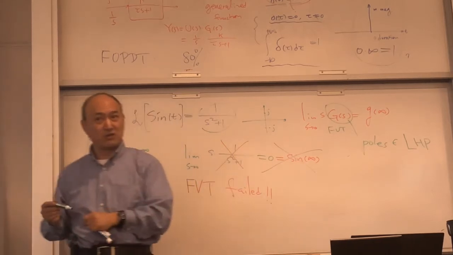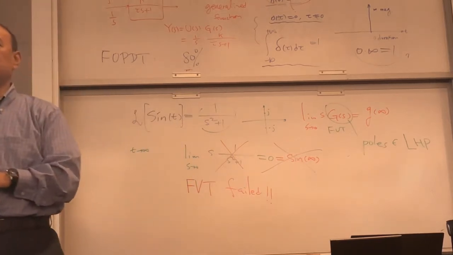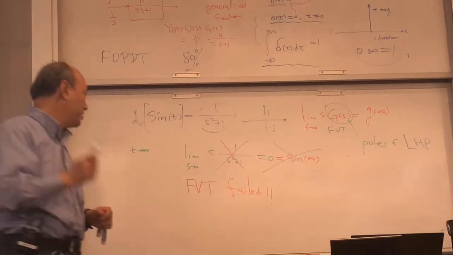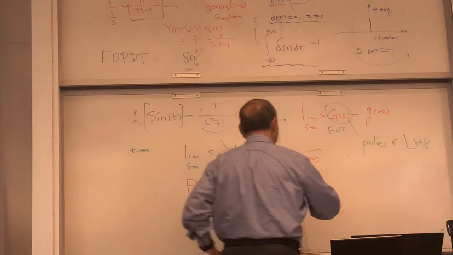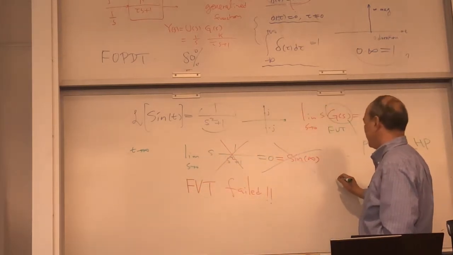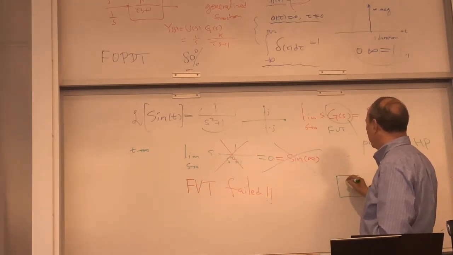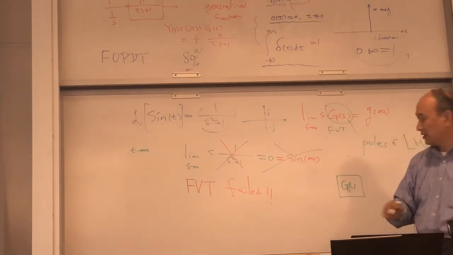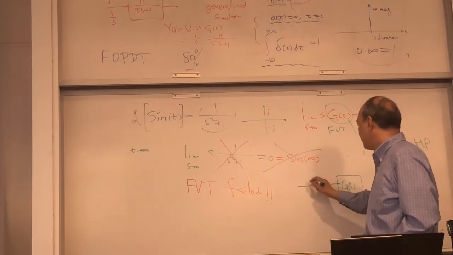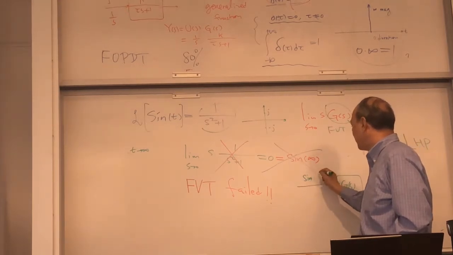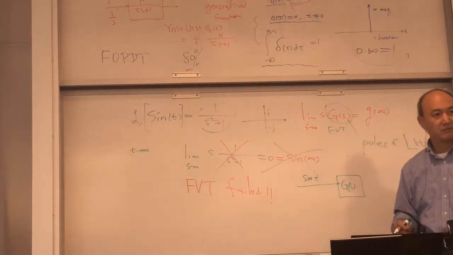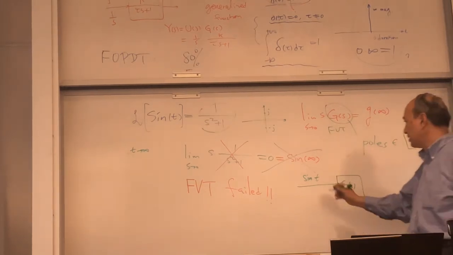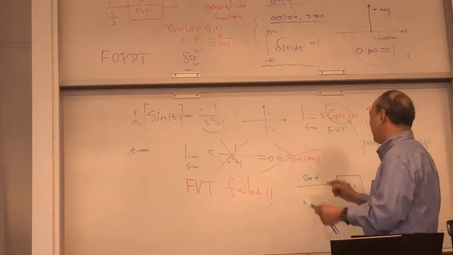There's a consequence of this failure. I have a system G of s, and I give it a sinusoid, sine omega t, with a fixed omega.